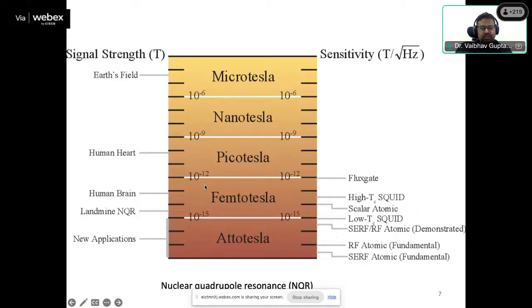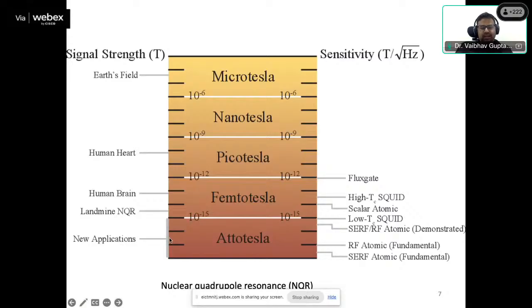You all know that in our brain we have neurons, and these neurons have electrical signals. For example, we go for MRI, magnetic resonance imaging. In MRI or fMRI, they use magnetic field. The human brain has a magnetic field roughly in femtotesla, 10 to the power minus 15 Tesla.